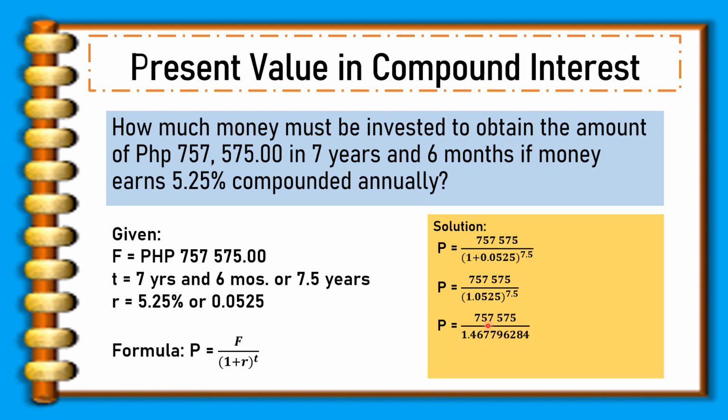And 757,575 divided by this number will give you 516,130.8884. It means that you need to invest 516,130 pesos to obtain the amount of 757,575 after 7 years and 6 months at 5.25% compounded annually.